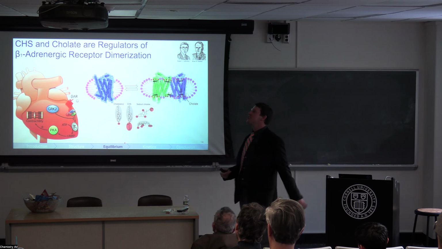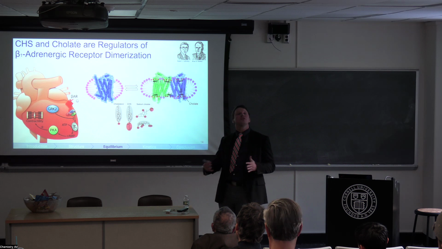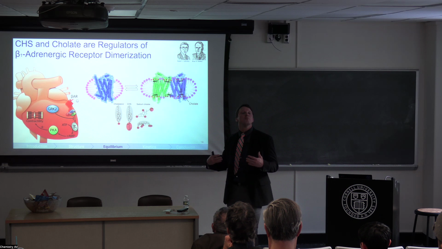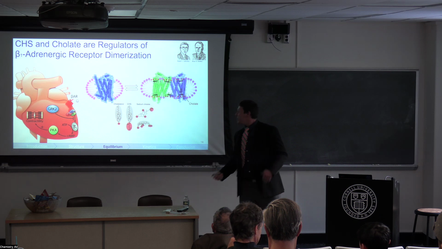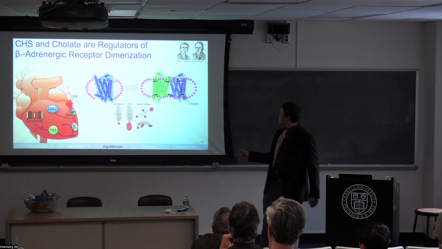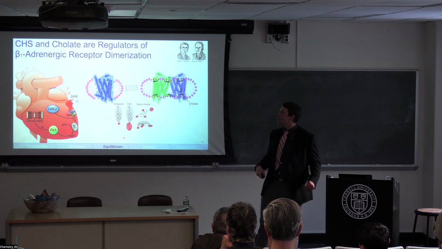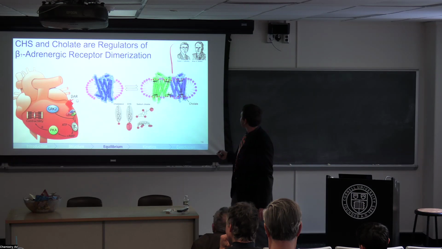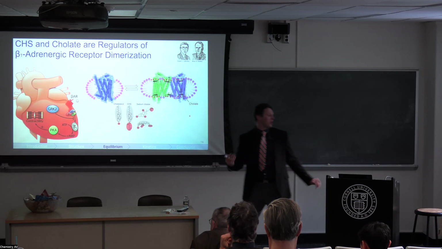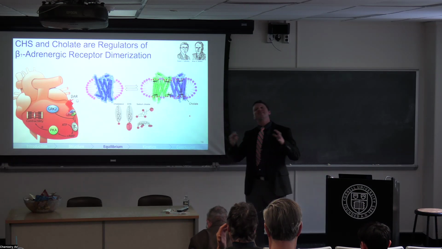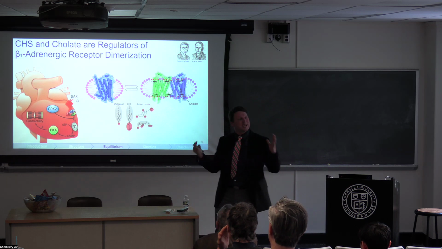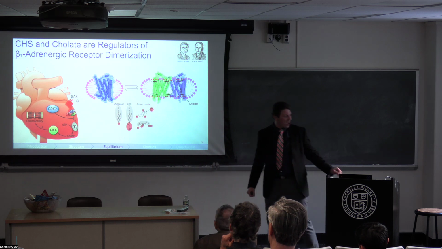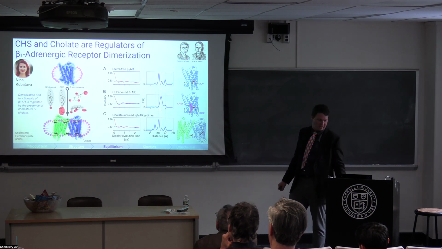Now, this regulation is occurring partly due to a dimerization event. For example, when the lipid environment is correct, or in the presence of cholesterol, it will bind to the GPCR. If it's, for example, in the presence of similar detergents or lipids like cholate, this will further result in dimerization of that GPCR, and therefore regulate its biological function.